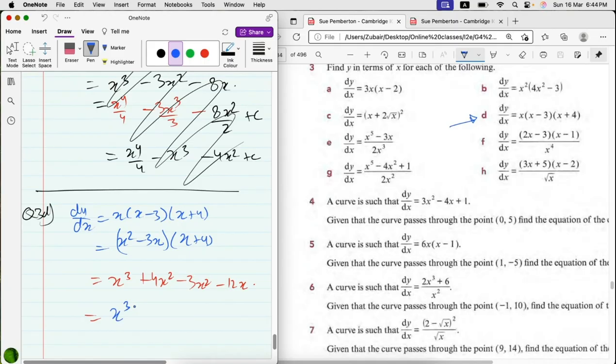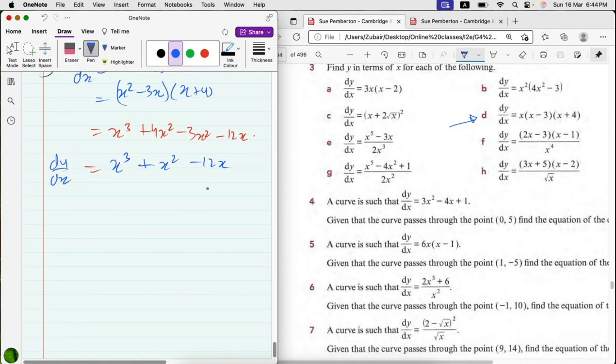So x cube plus x square minus 12x. This is dy by dx simplified. Now we integrate. So y is equal to x 4 over 4 plus x 3 over 3 minus 12x square over 2 plus c. So y is equal to x 4 over 4 plus x 3 over 3 minus 6x square plus c.